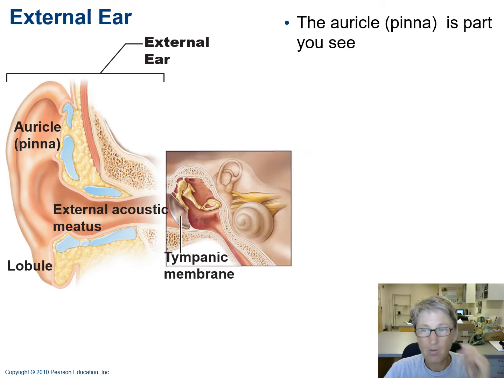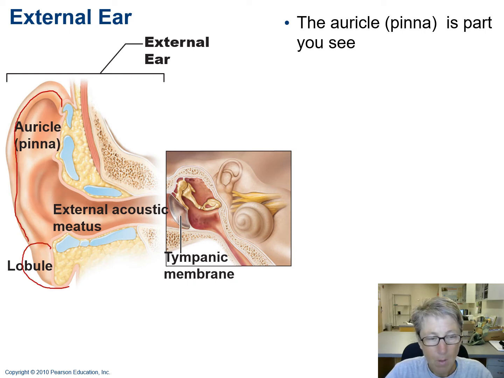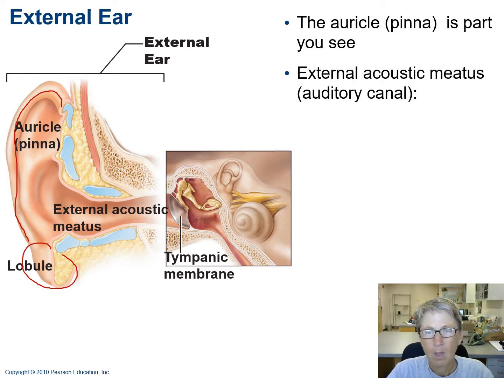So the part that you see is called the auricle or the pinna. So that's all of this. And then you guys know that you have an earlobe. So that's called the lobule. And then there's the auditory canal or the external acoustic meatus.